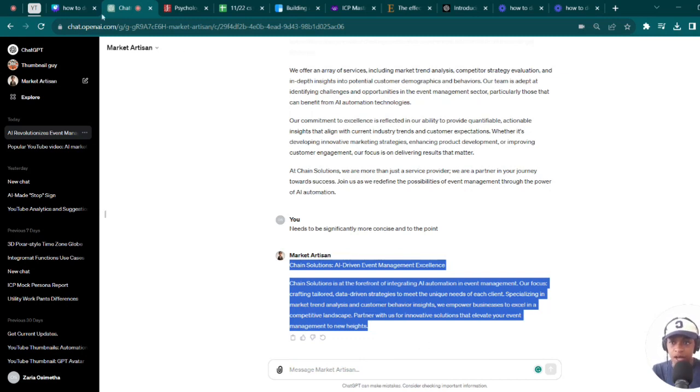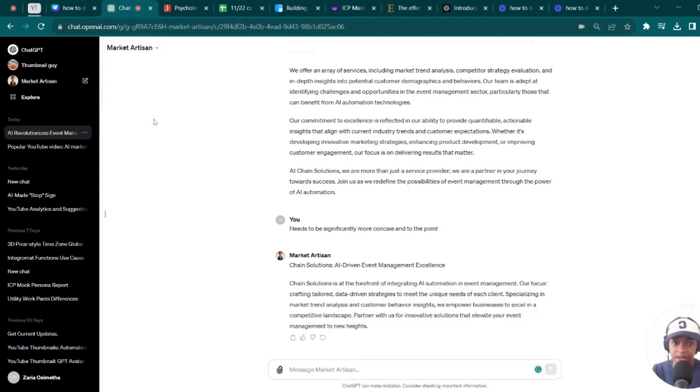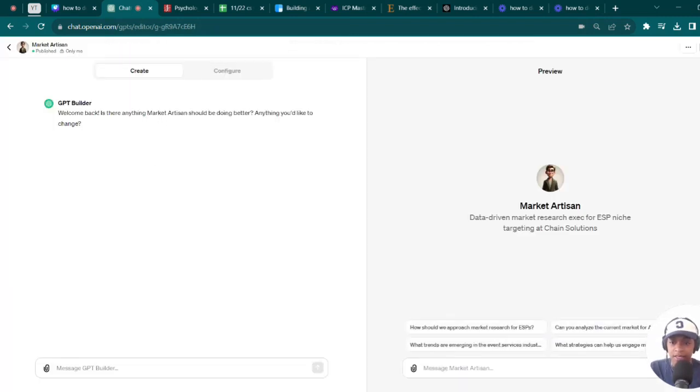And in the future, I actually will come over to this tab, edit the GPT, and note that the conciseness, I don't know if that's a word, but it needs to be consistently short. I don't want to have to tell it not to write 3 or 4 paragraph copies for marketing purposes. Nobody's going to read that.